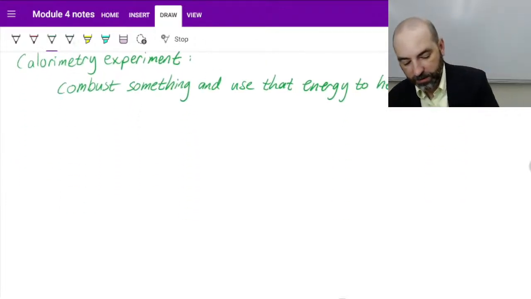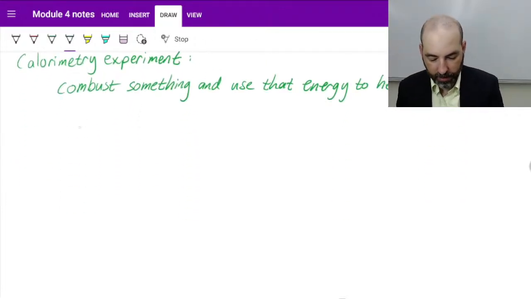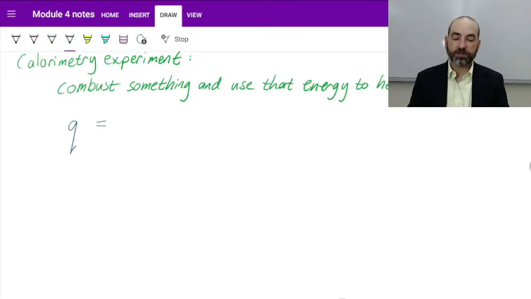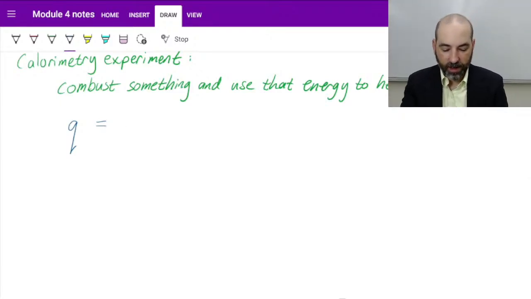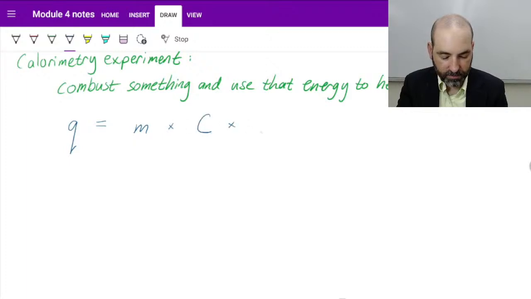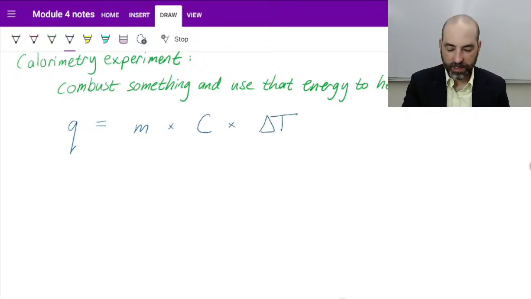So let me show you what this equation looks like. It always uses some variables. I'm going to use them here because we're going to use them later when we talk about our calculations for the biodiesel experiment tomorrow. So I'll define all this stuff. Q equals m times c times delta T.